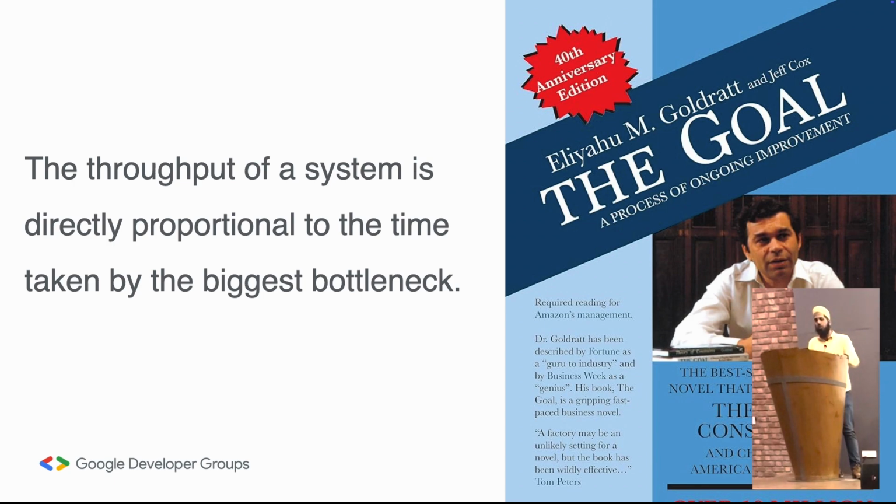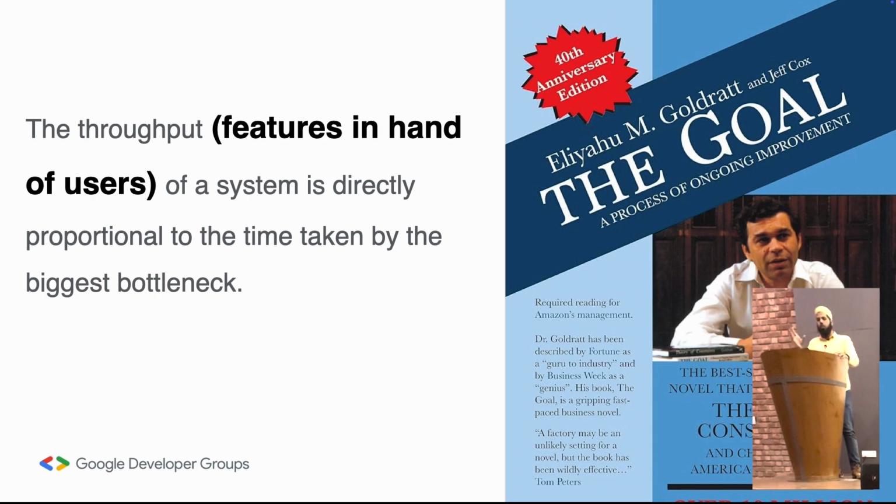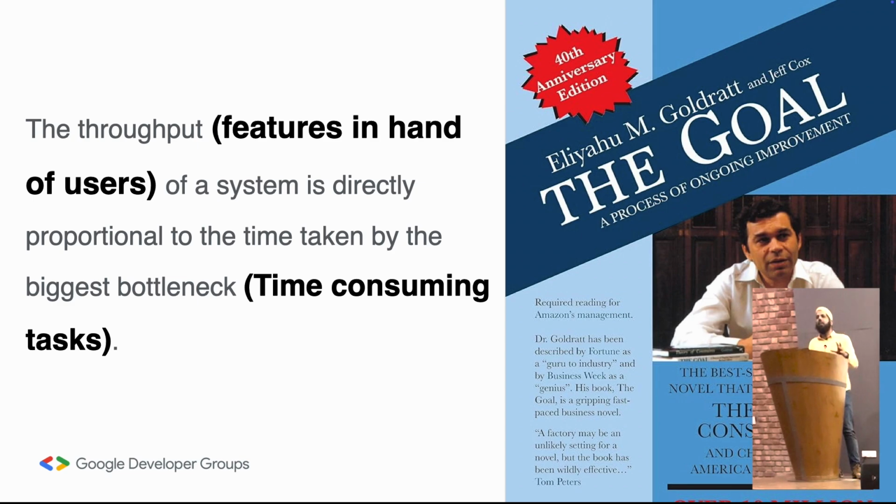Here, throughput in terms of mobile means a feature in the user's hand. How quickly you can get a feature onto a user's device totally depends on the biggest time-consuming task. The task which takes the most time will define how fast you can ship a feature to a user.